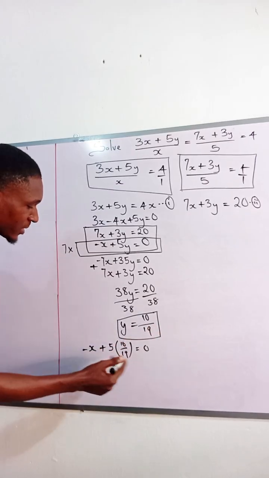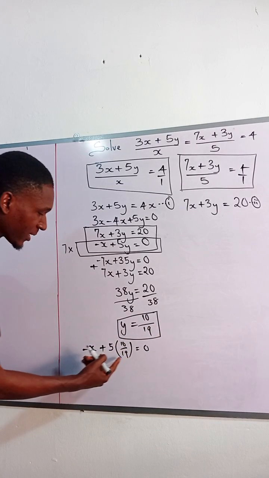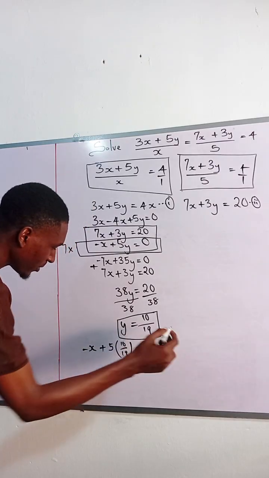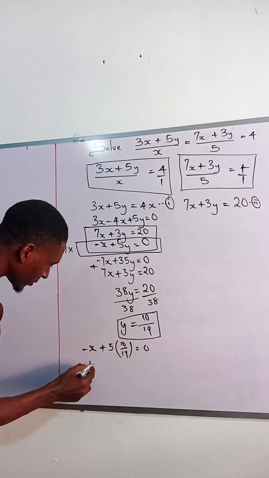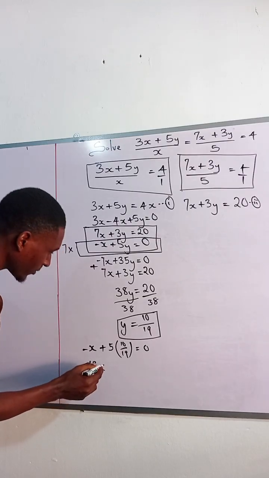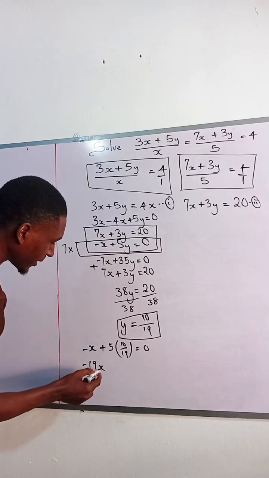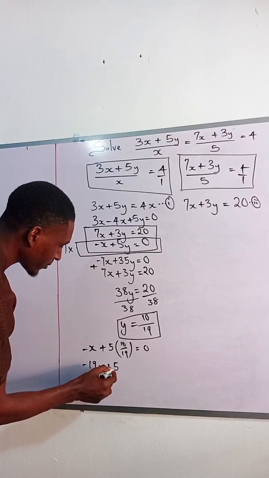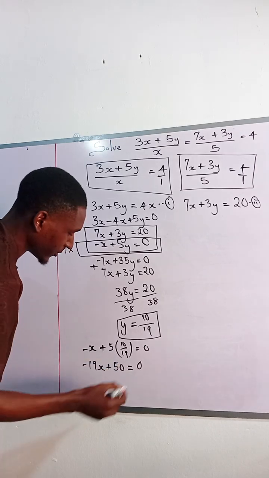We're going to multiply everything by the LCM, which is 19, so that this fraction can be cancelled. So when we multiply everything by 19, minus x multiplied by 19 gives us minus 19x. Here the 19 cancels 19. We're left with 5 multiplied by 10, which is 50. And here 19 multiplied by 0 is 0.